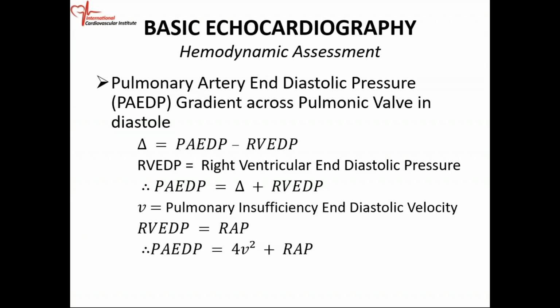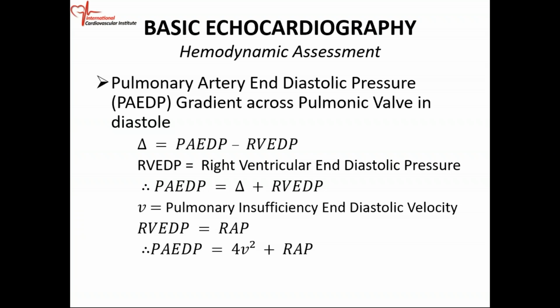That can only occur if the diastolic pressure in the pulmonary trunk is greater than the diastolic pressure in the right ventricle. You have to have a pressure gradient. For you to get blood flowing from the pulmonary trunk across the pulmonary valve into the right ventricle, there has to be a pressure difference in diastole.